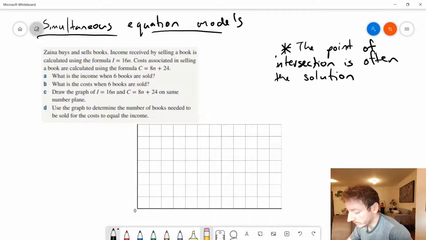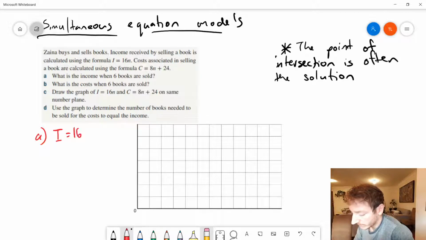So what is the income when 6 books are sold? Well, for question A, income equals 16n when n equals 6 books. I equals 16 times 6 equals, I think that might be $96.